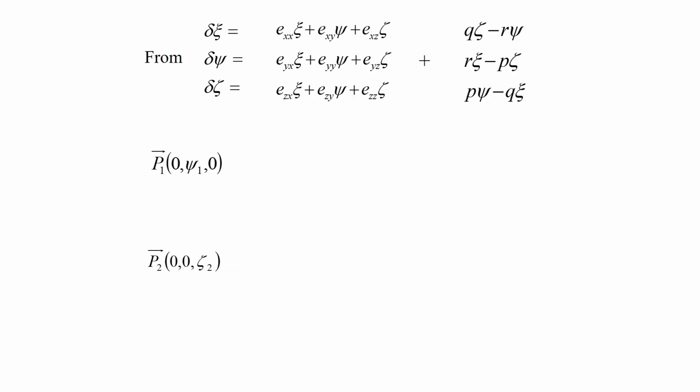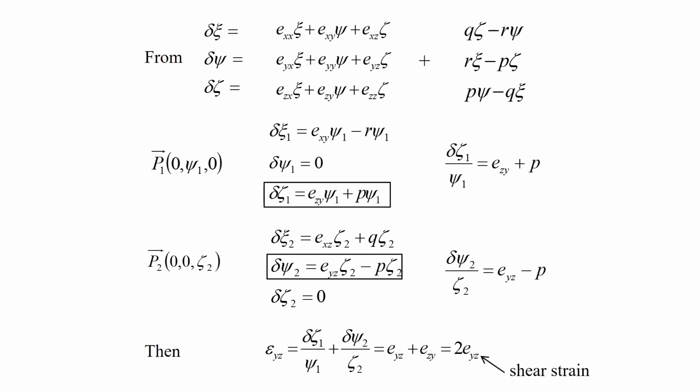So, now what exactly it means is that you can actually write from here that this P1 is equal to 0, psi 1, 0 and P2 vector was 0 0 and zeta 2. So, we substitute in this equation and we get here something like this.